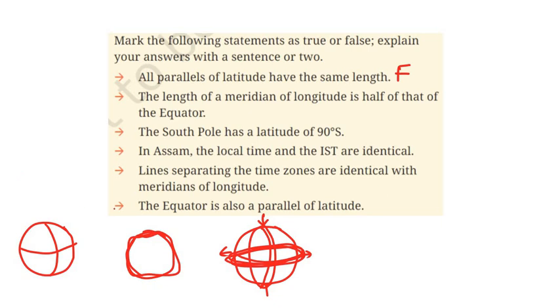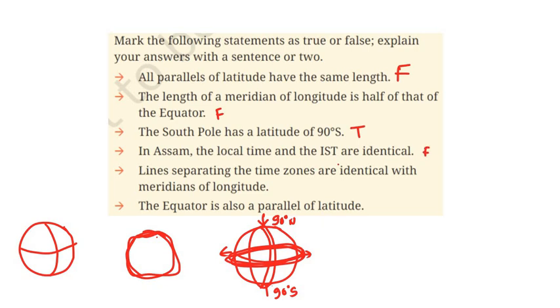Now next, the South Pole has a latitude of 90 degrees south. Yes, so North Pole is 90 degree north and South Pole is 90 degrees south. So of course this is true and the previous one is false. Next, in Assam the local time and IST are identical. No, of course false.